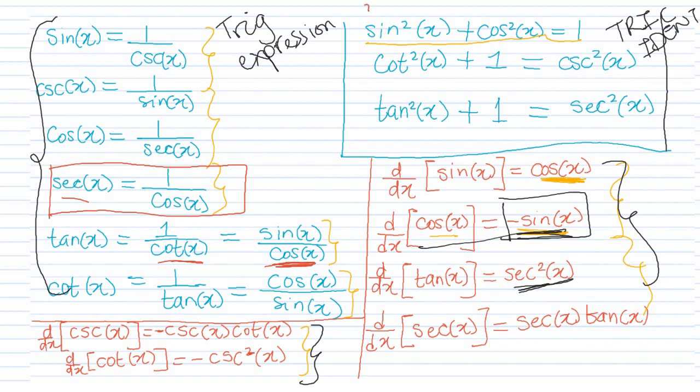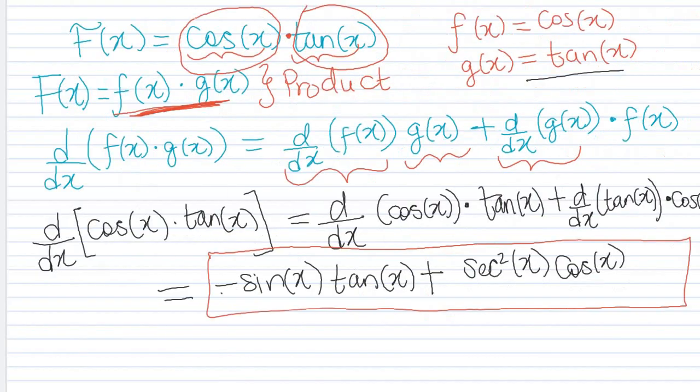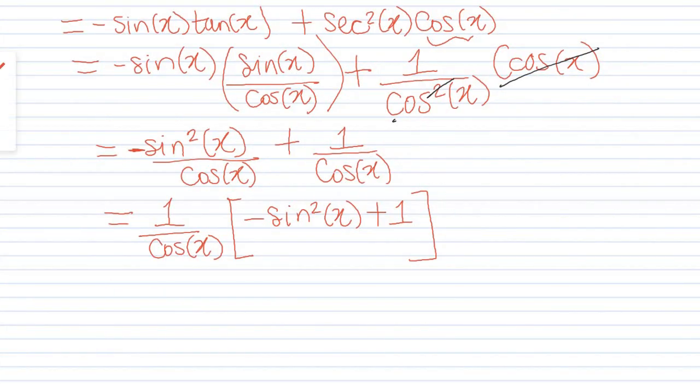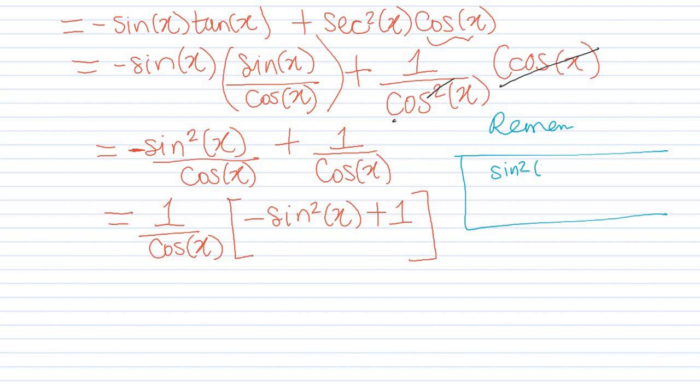Now we see here sine squared x plus cosine squared x equals 1, right? Now we can write it down here and say, remember that sine squared x plus cosine squared x equals 1.